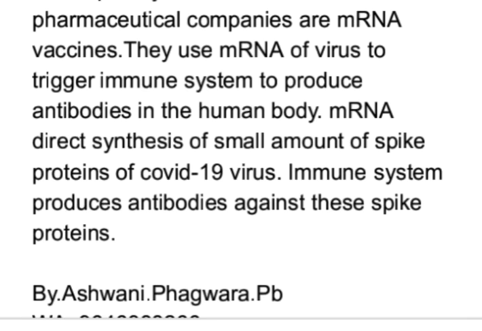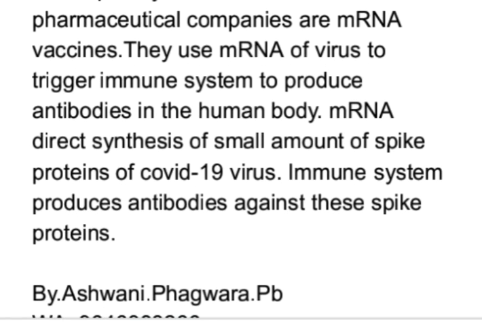When this mRNA is introduced into the human body, it triggers the development of some spike proteins. These spike proteins are present on the COVID-19 virus, and they help the virus to penetrate human cells.